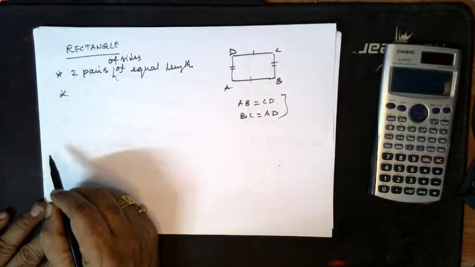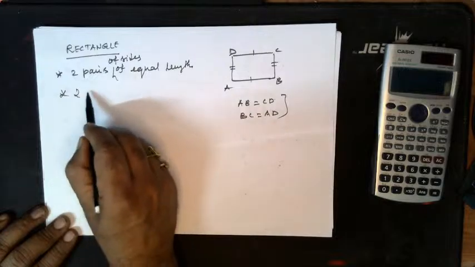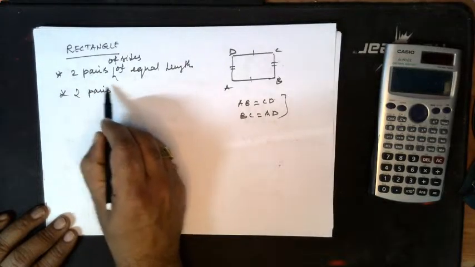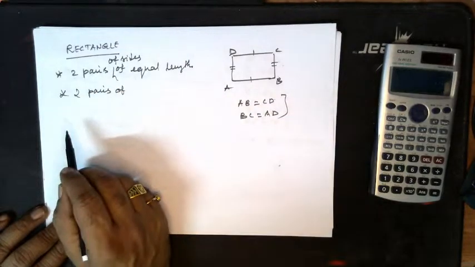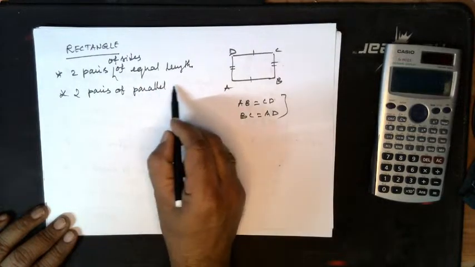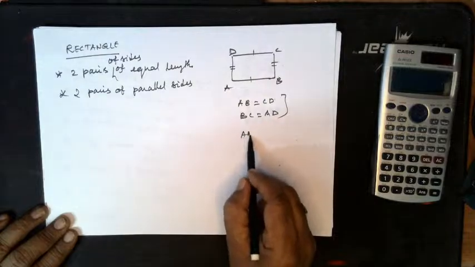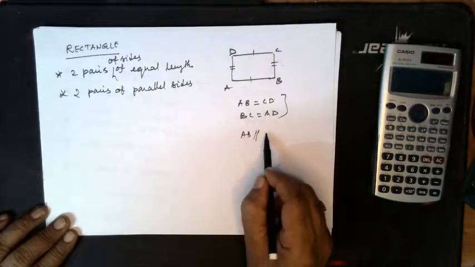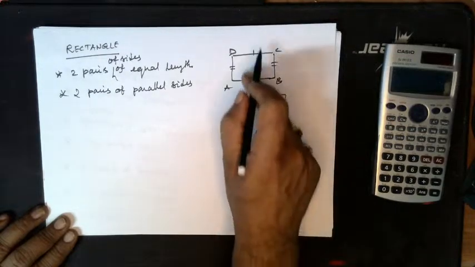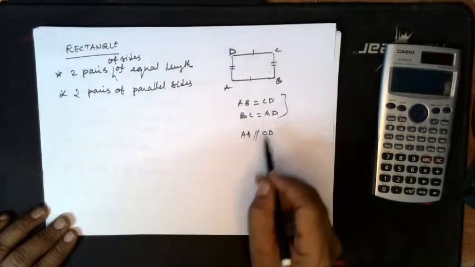Next, it has 2 pairs of parallel sides. It means AB is parallel to CD, BC is parallel to AD.